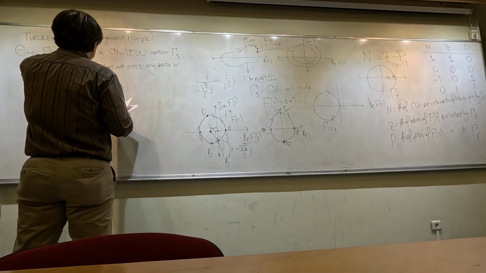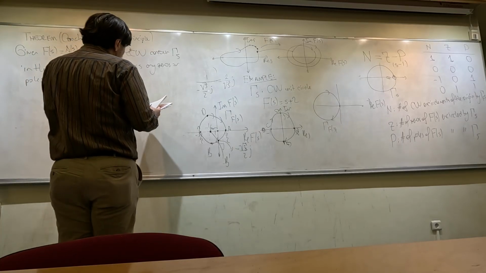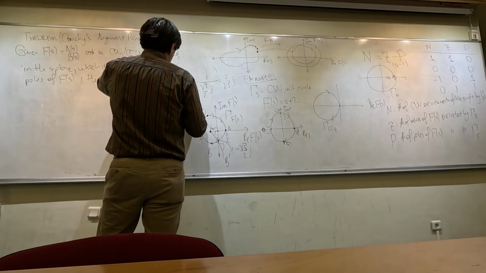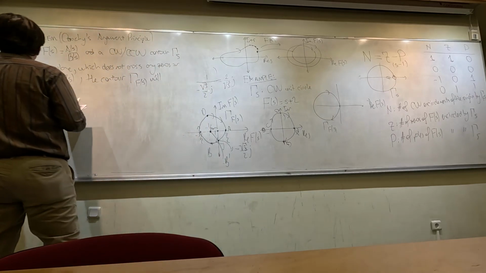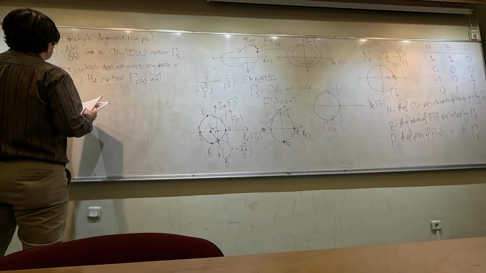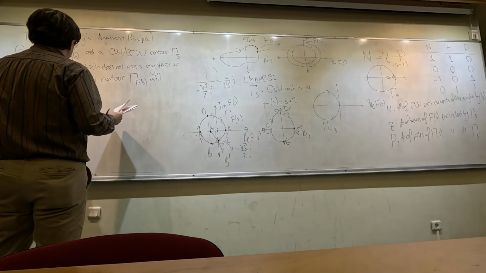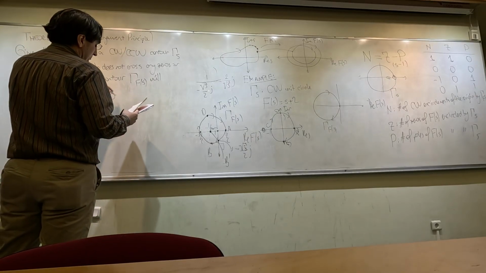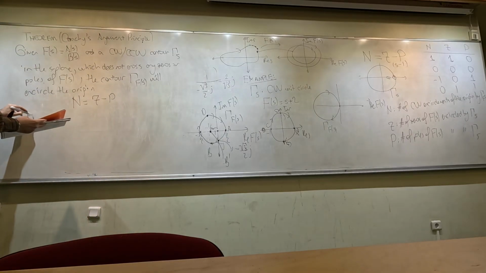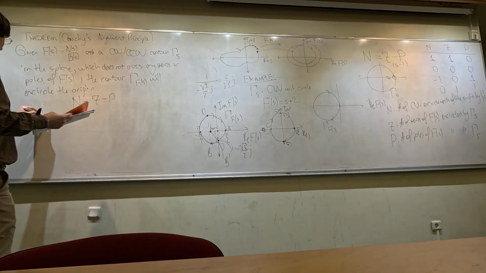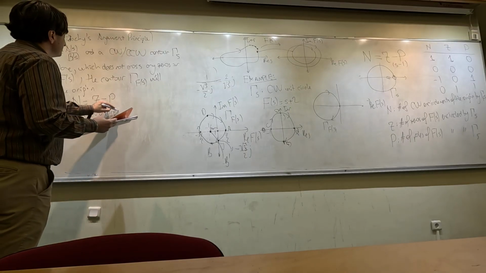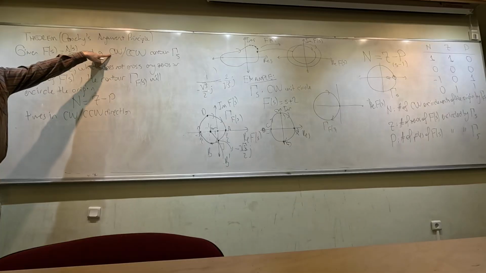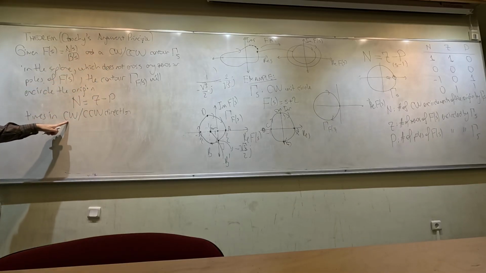The transformed contour, gamma f of s, will encircle the origin N equals Z minus P times, in clockwise or counterclockwise direction. If the original contour is in clockwise direction, then I have to count the number of clockwise encirclements of the origin.